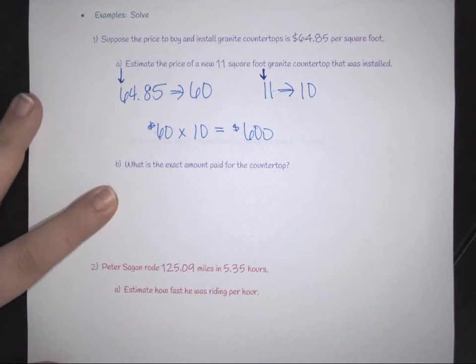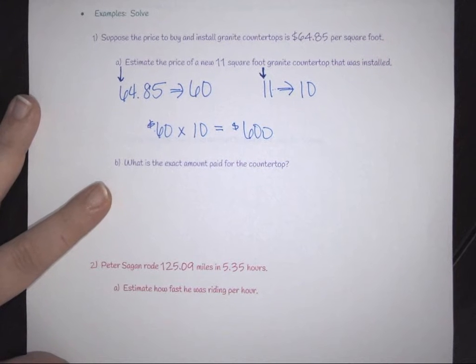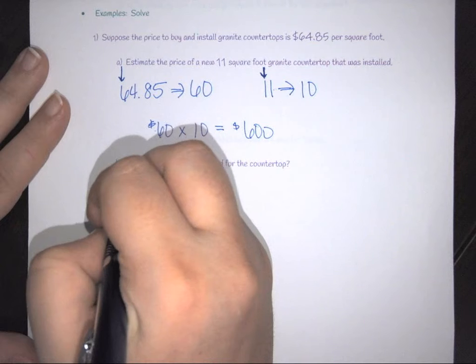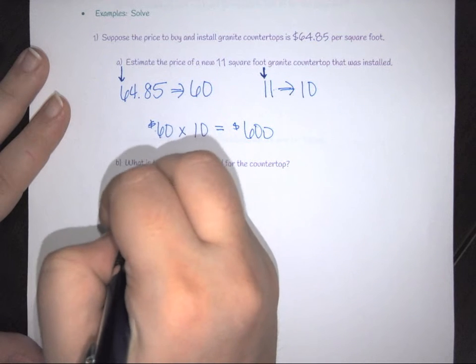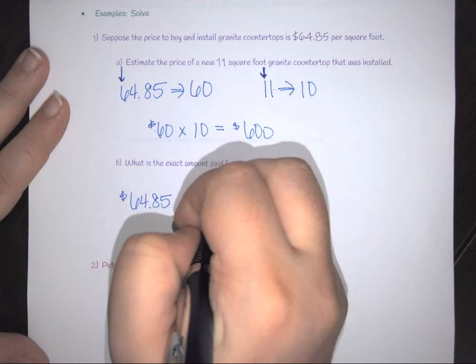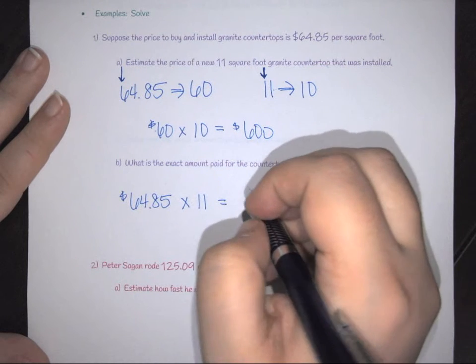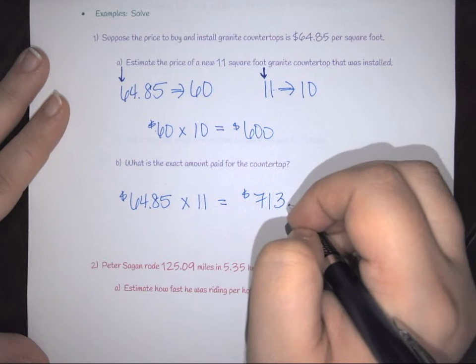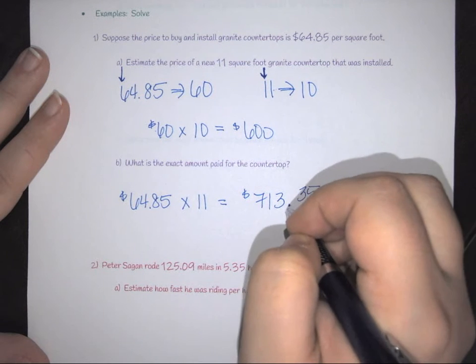Now the second part says we want to know what was actually paid. So that's where you're going to use the real numbers given. So the actual says we're going to take the 64.85 and we're going to multiply it by 11. And in this case, you're going to get $713.35.